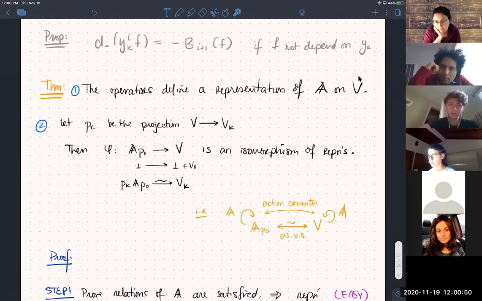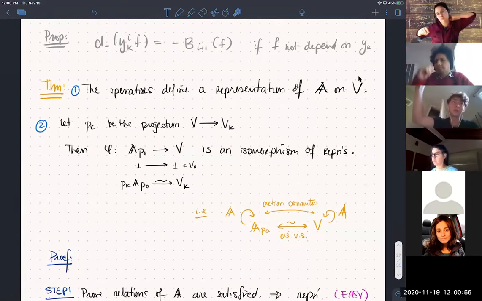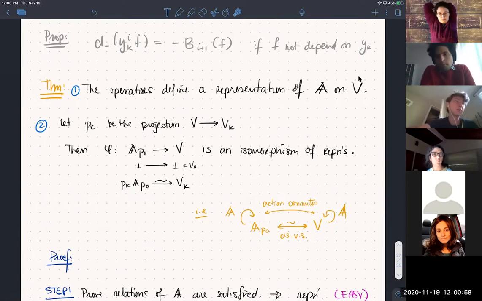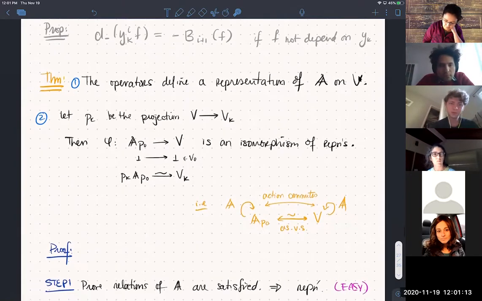So every vector in Vk you can get this way, and all operators from V0 to Vk you can obtain this way. Some kind of PBW thing, right?